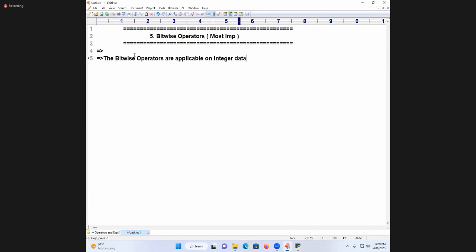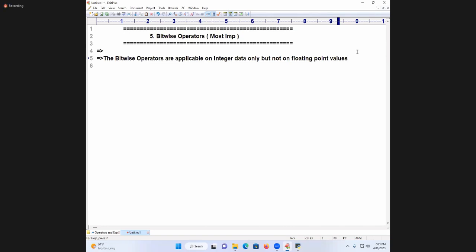Integer data only, but not on floating point values. Bitwise operators are applicable on integer data only, but not applicable on floating point values.